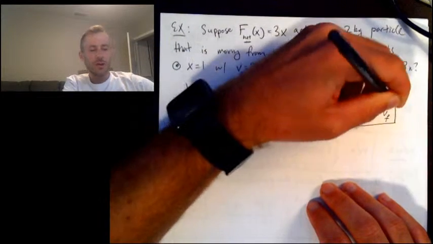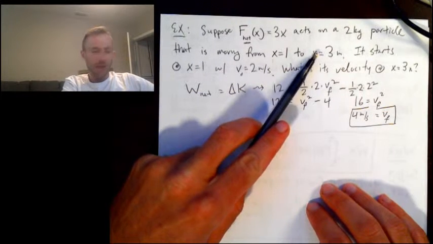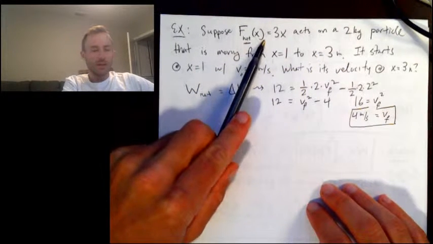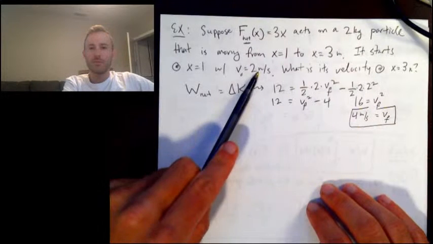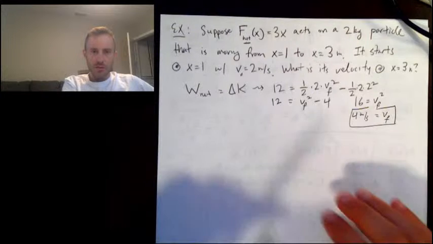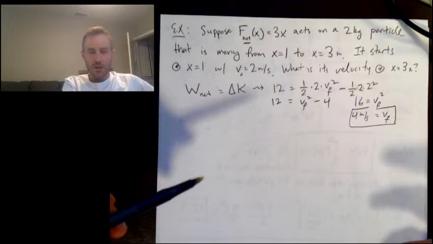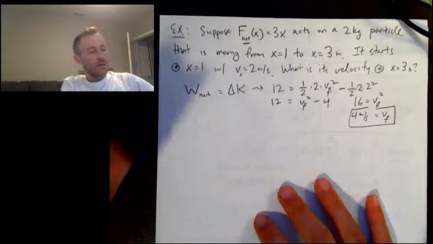So once the particle arrives at x equals 3, as a result of this force, it's going to have that much speed. So it actually sped up a little bit. It went from 2 meters per second to 4 meters per second.